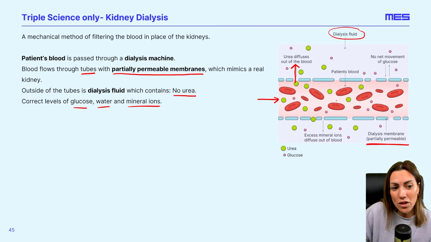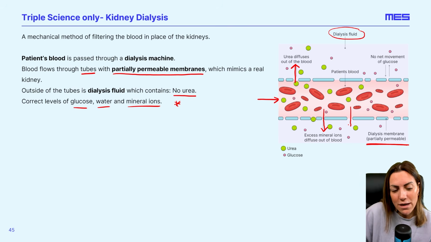Obviously, the patient's blood cells are too big to pass through the dialysis membranes, so the red blood cells and white blood cells will remain in the blood, as will large proteins. And then because the dialysis fluid does have some glucose, some water, and some mineral ions, some of the patient's water will move out by osmosis.